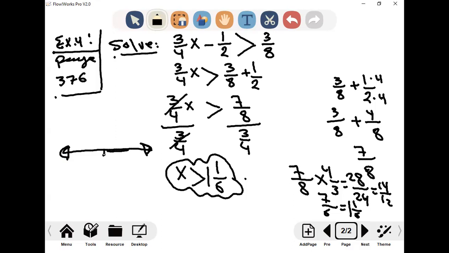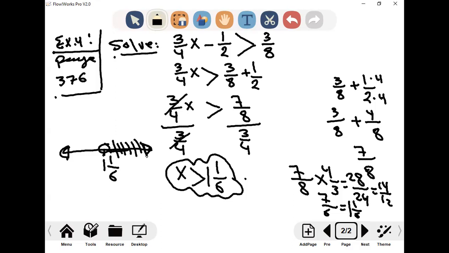You need to graph it by yourself. And for example, if I bring this question in the exam, I won't give you a number line. You will make the number line. So here you will make the 1, for example, and beside it, 1 and 1 over 6. Get it? So x more than 1 and 1 over 6, open circle, and to the right.